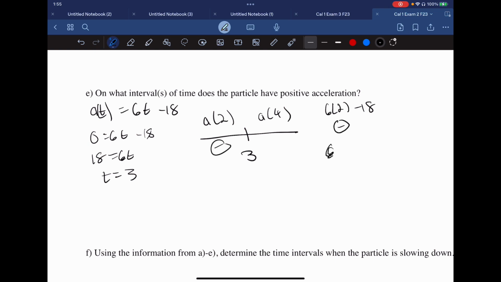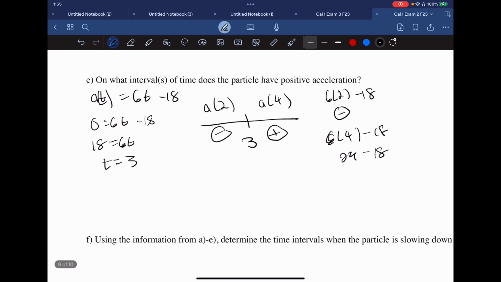And then a of 4 is going to look like 6 times 4 minus 18, which is 24 minus 18. That's a positive number. Awesome. So from 3 to infinity, it will have a positive acceleration.